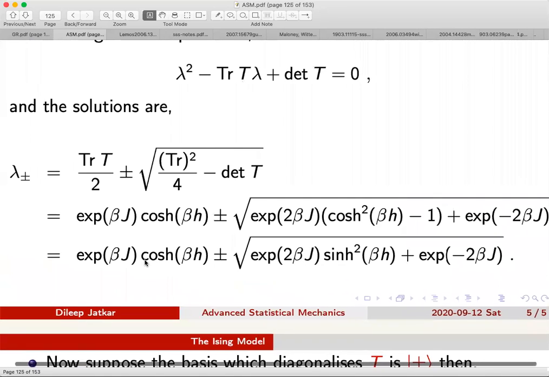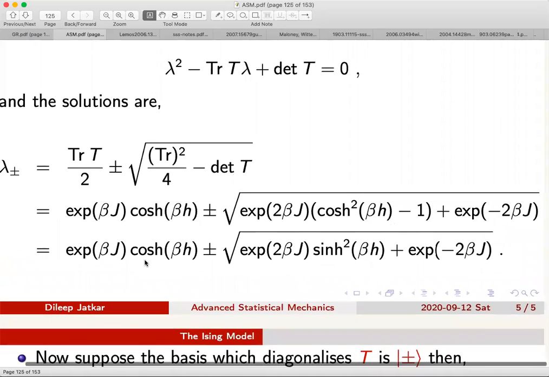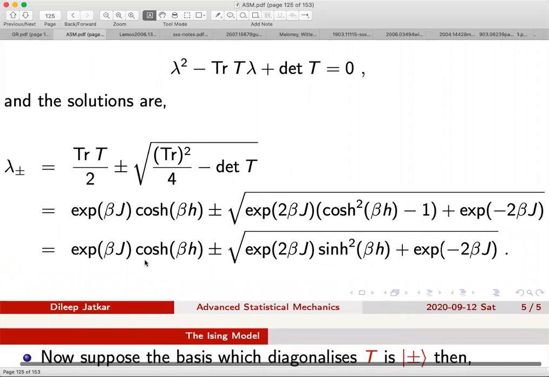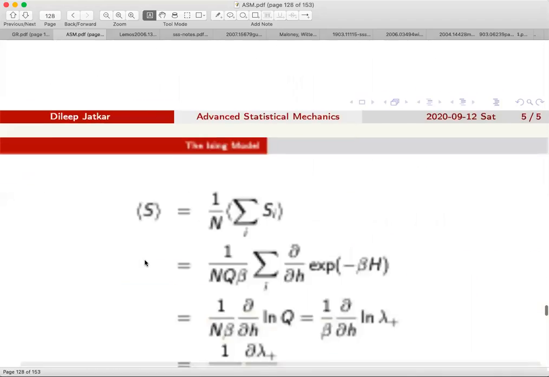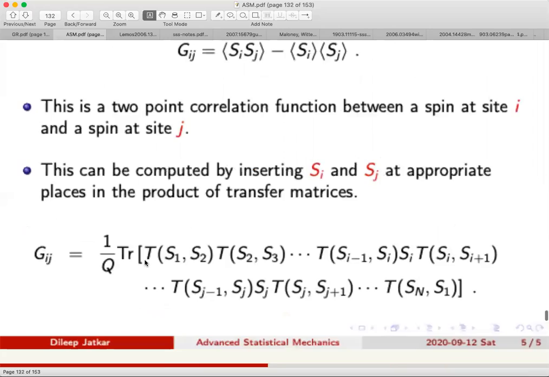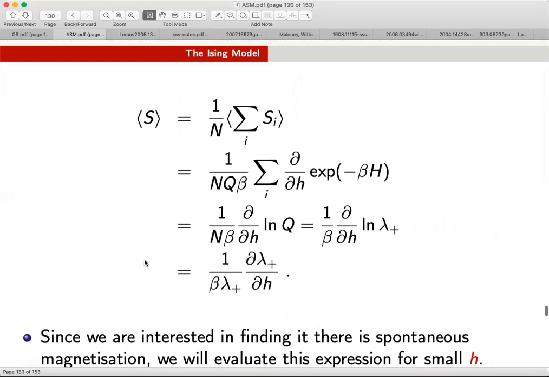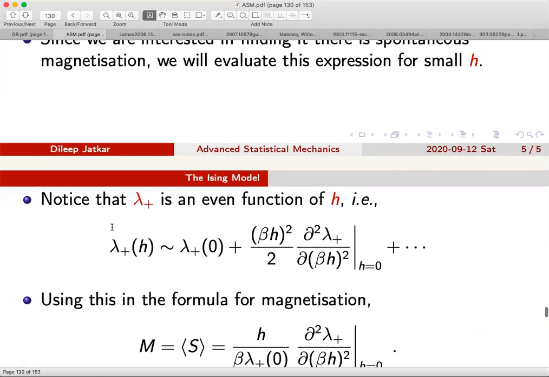But the main point is that since we are concentrating on lambda plus, it doesn't change sign under H going to minus H. So if it is not changing sign under H going to minus H, you can do a Taylor expansion of lambda plus around H equals 0. Then the term linear in H cannot occur because H going to minus H symmetry would tell you that that term would have vanishing coefficient. So it directly starts at quadratic order.